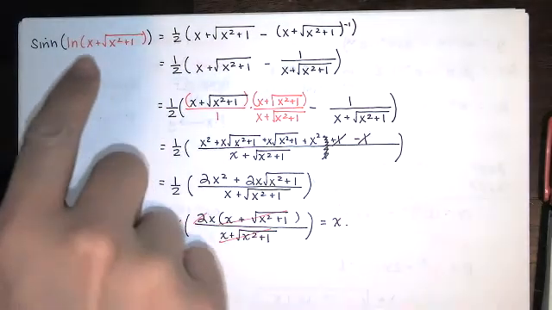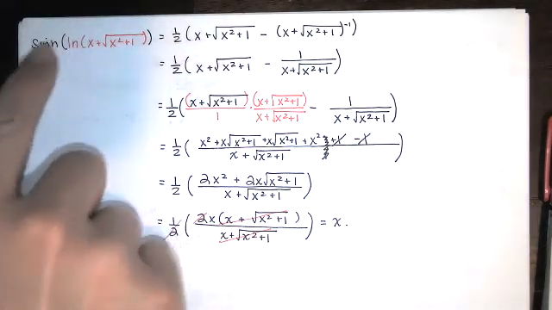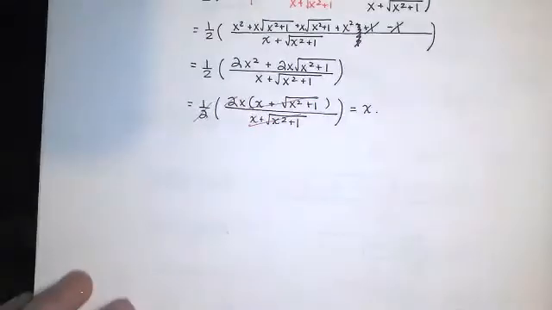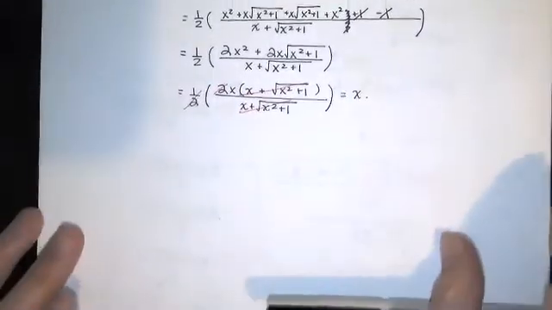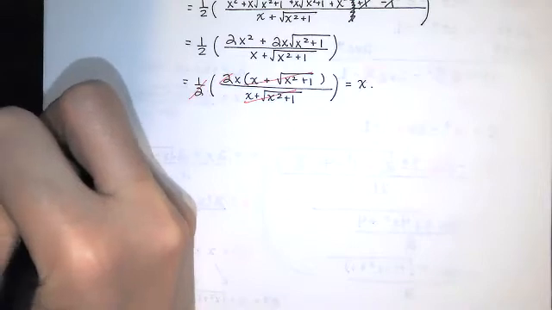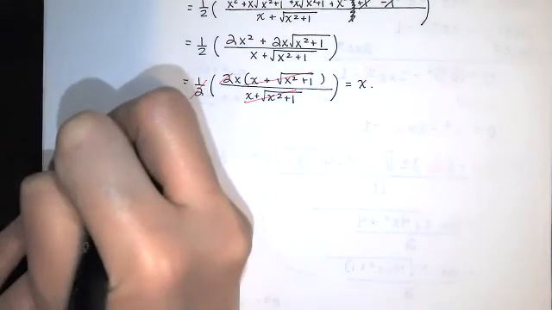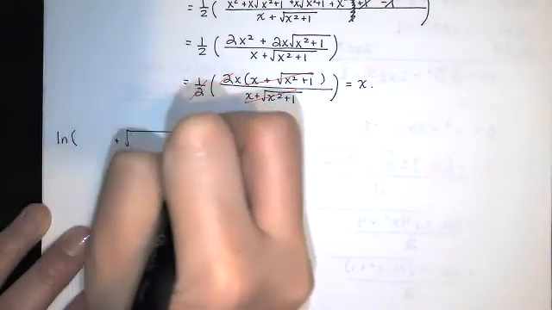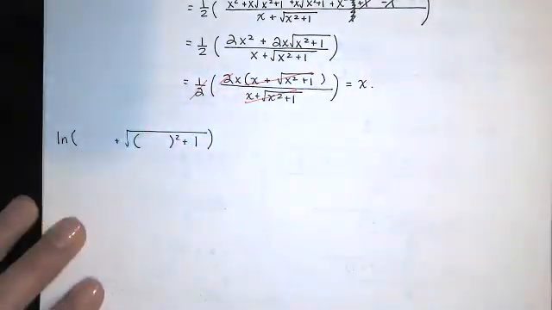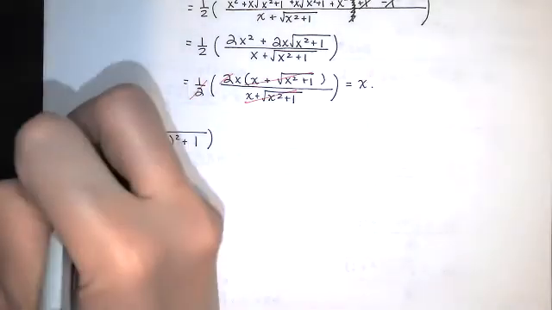Now, if we did it the other way around, we evaluated this function at the hyperbolic sine of x, and remember that the hyperbolic sine is defined in terms of those exponentials, we should get x as well. I said I wasn't going to do it, but I want to do it. Let's do it. So we've got this natural log function. I want to evaluate it at the hyperbolic sine of x.